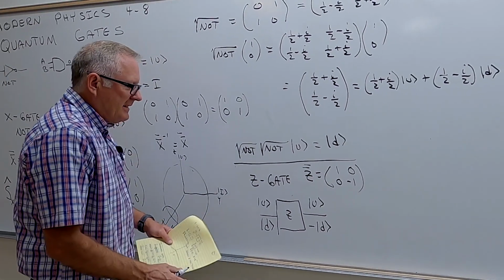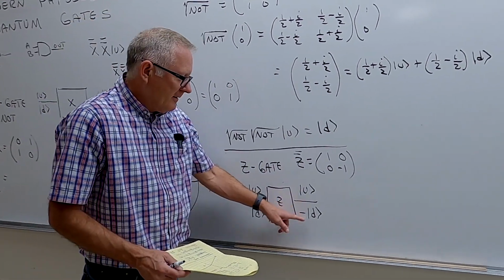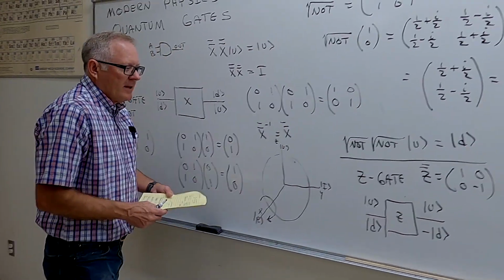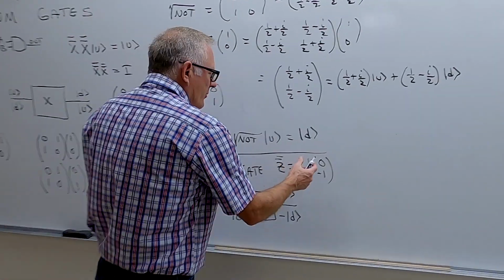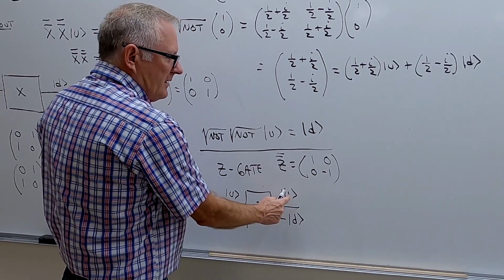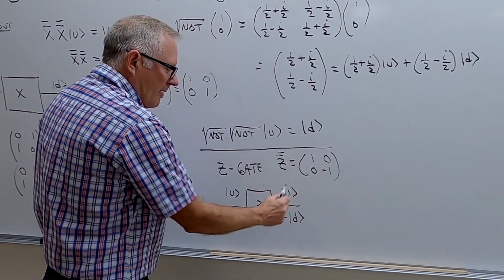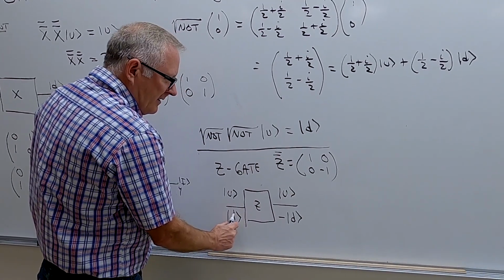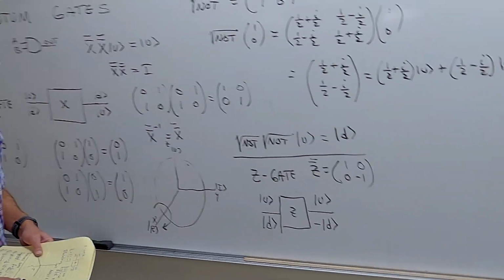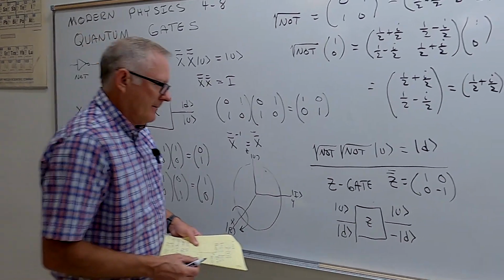Now, is it minus down up? No. Minus down is minus down. It's not up. So if we operate this on 1, 0, we should still get 1, 0. If we operate it on 0, 1, we should get minus 0, 1. But there's the Z gate.